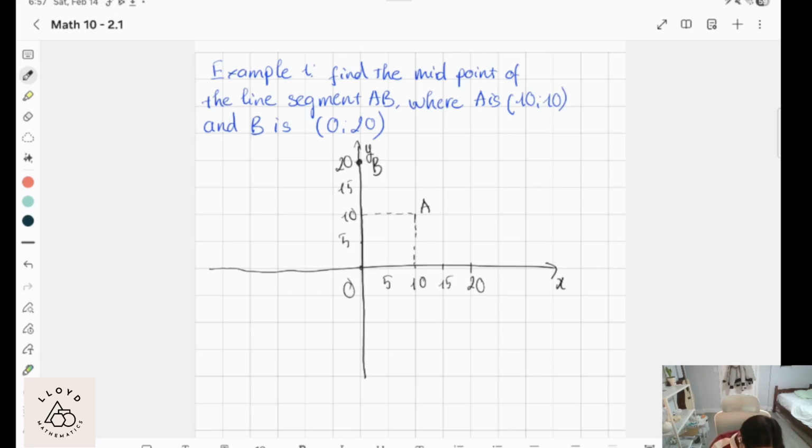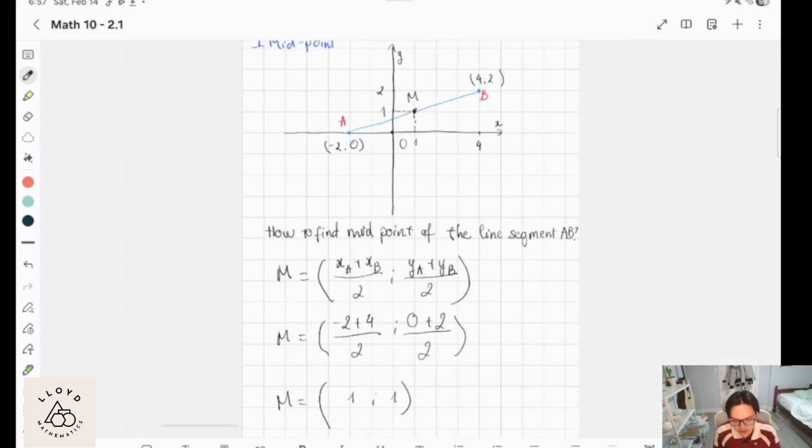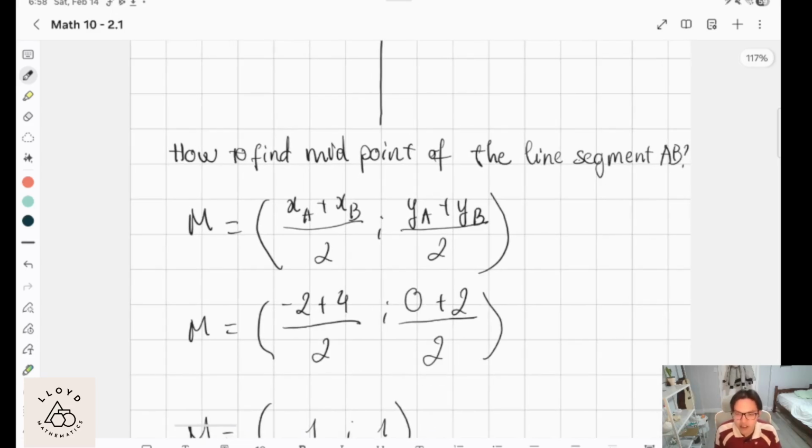So how can we find the midpoint? We just use the formula that I mentioned before, which is XA plus XB divided by 2 and YA plus YB divided by 2.